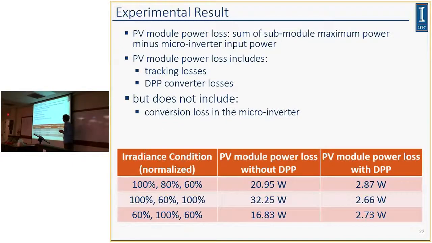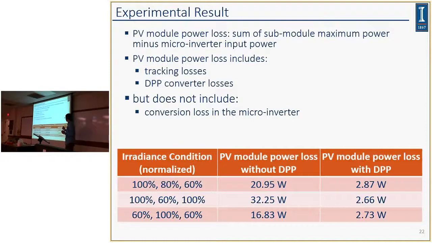The last point of the experimental result is that I want to show you the quantified benefit of this DPP approach. For different irradiance conditions, if we use the microinverter without DPP, these are the potential power losses due to the microinverter being unable to track the optimal point.